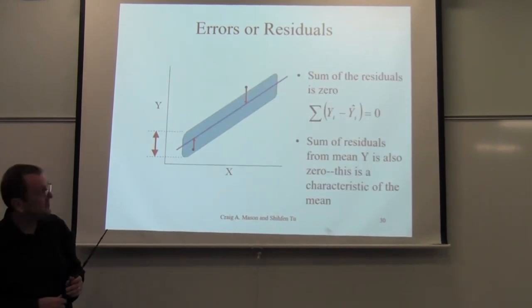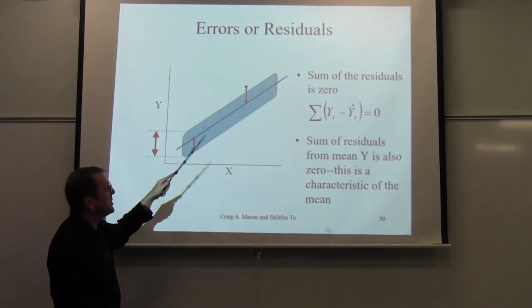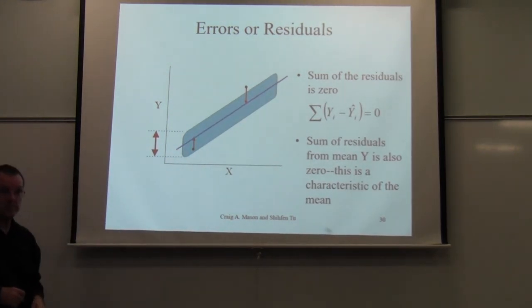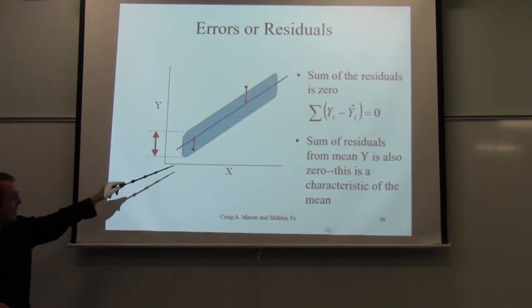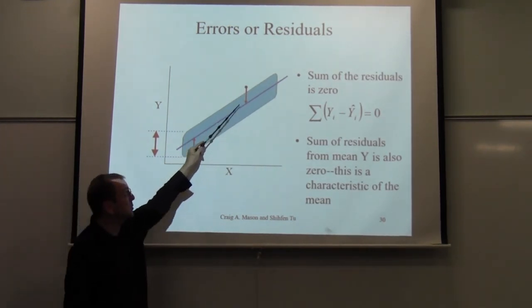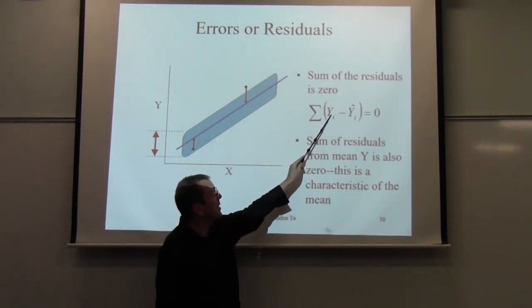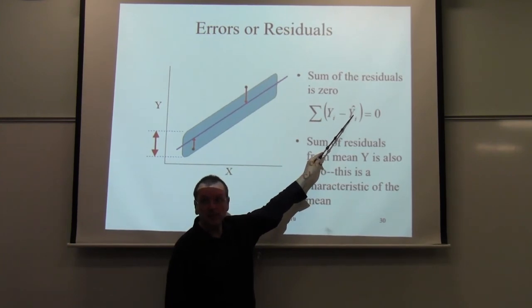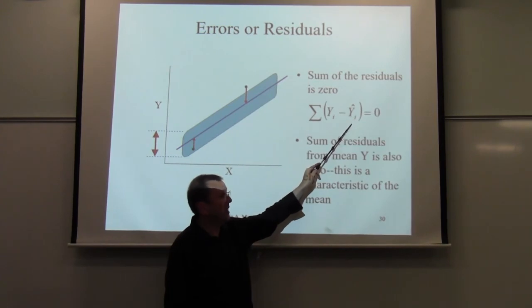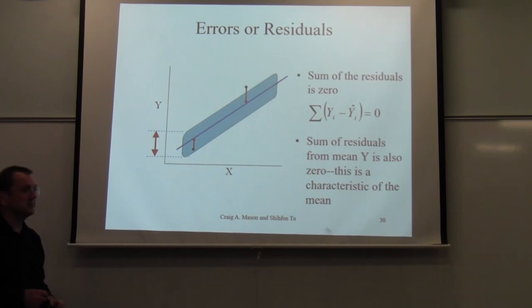The characteristics of the residuals. The sum of the residuals is going to be equal to 0 with least squares regression. So some scores will be below the line, some scores will be above the line, but if you add up everybody's residual, my observed minus my predicted, Y hat, it equals 0 in every sample.